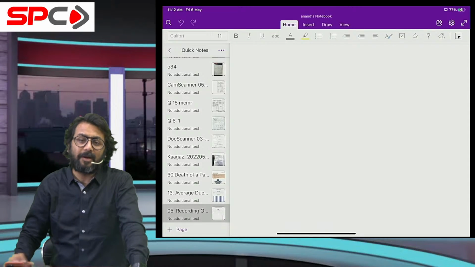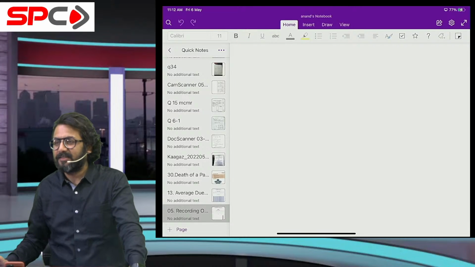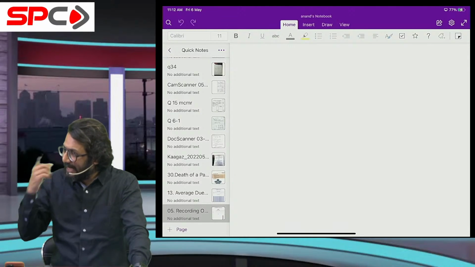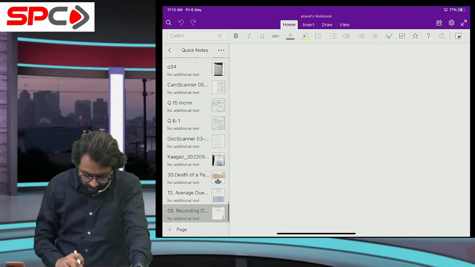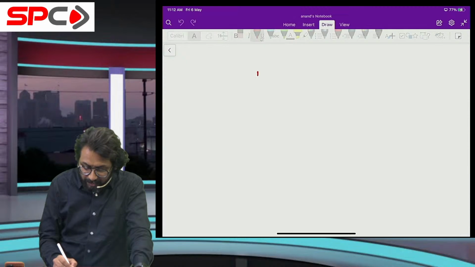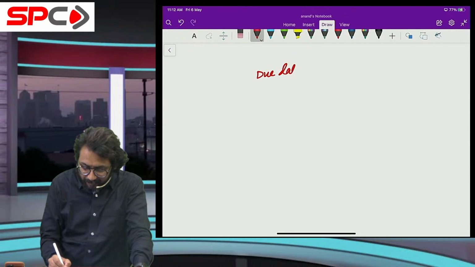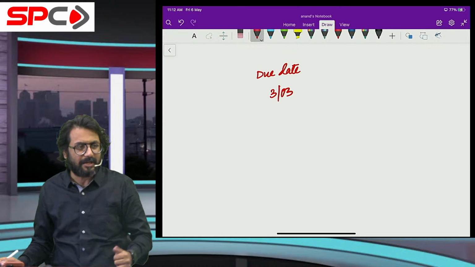So when there is an emergency holiday, you have to go for which date? Preceding or succeeding date? Succeeding. So what is the succeeding date? Next day. For example, if the due date happens to be 3rd March, and there is an emergency holiday on 3rd March, can you go to 2nd March?